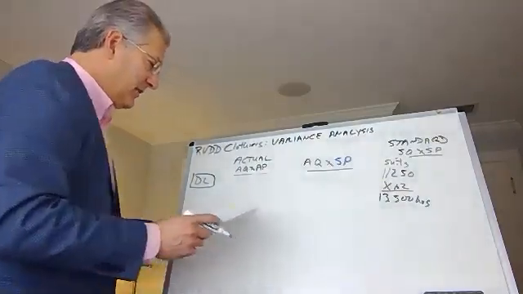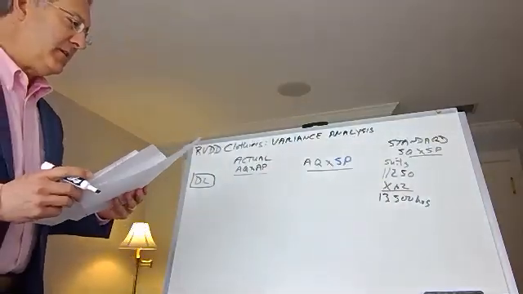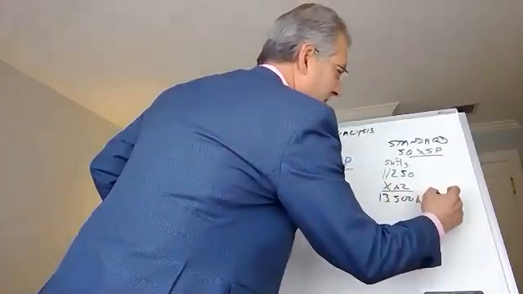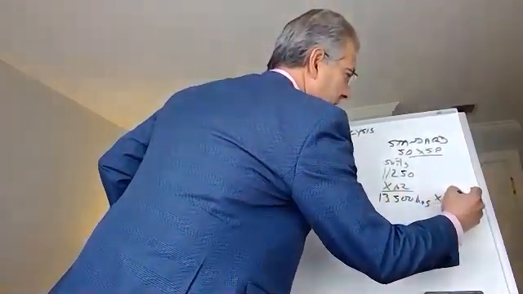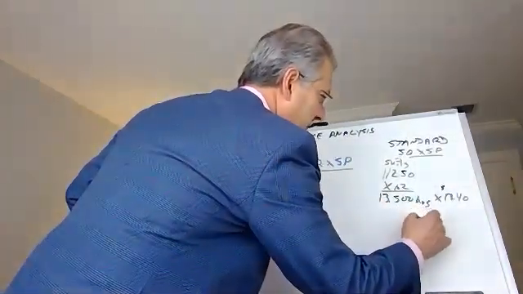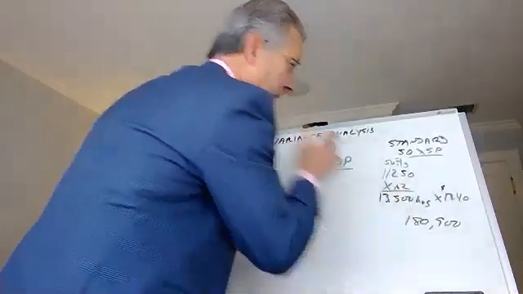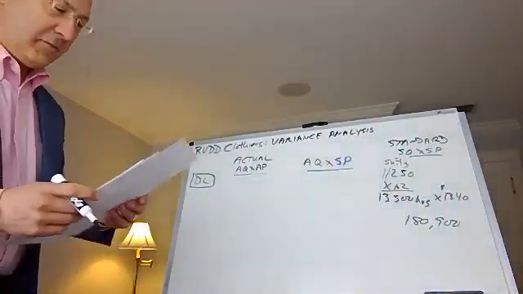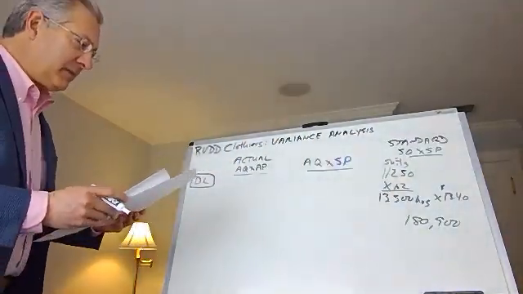The standard price, again from the standard cost card, was $13.40 per hour. They should have spent $180,900 on direct labor. How much did they actually spend?